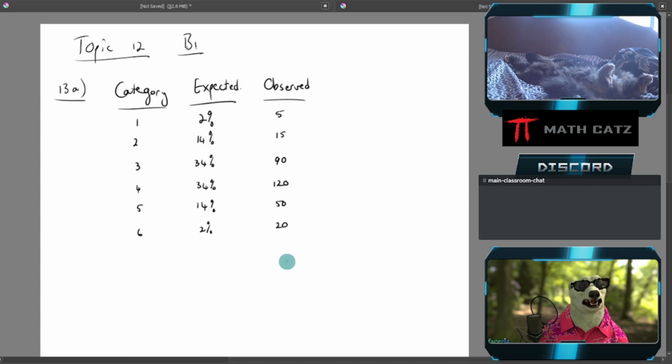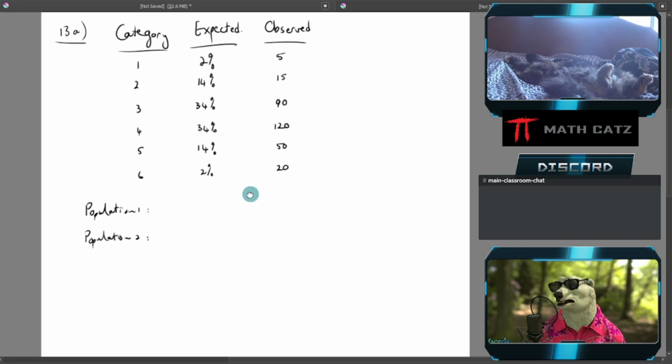So the first thing to do is perhaps write the start of the hypothesis testing procedure. We have our two populations, if you want to think of it in the detailed systematic way, the way we usually lay it out.